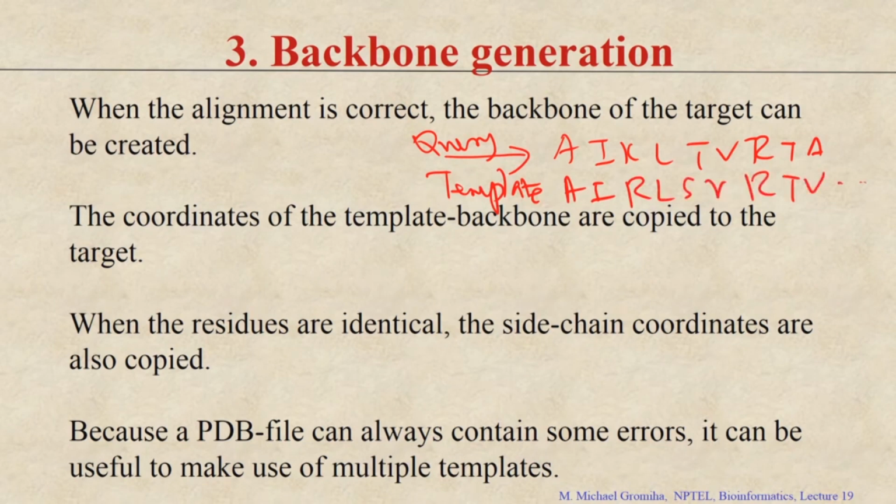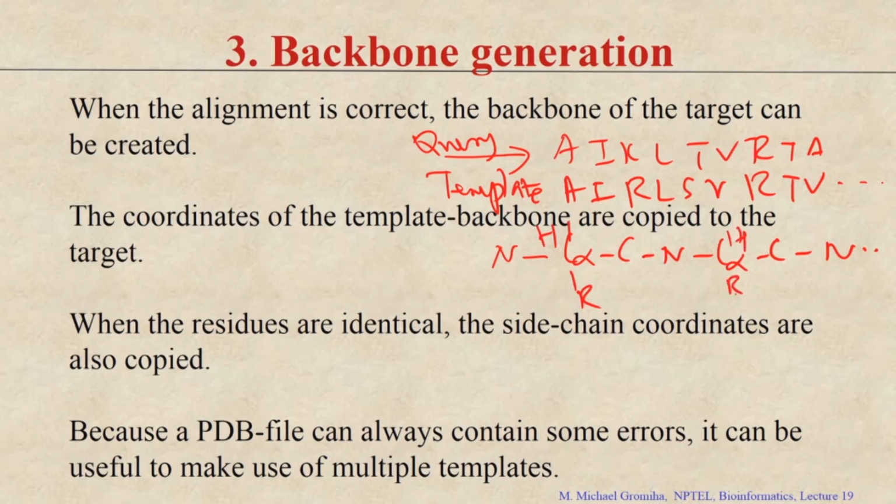The backbone is the same, because if you draw this sequence you get N, C alpha, C, N, C alpha, C, N. Here you have the hydrogen and this R group. If you take the query sequence or the template, the backbone is the same. What is the difference? Different side chains.